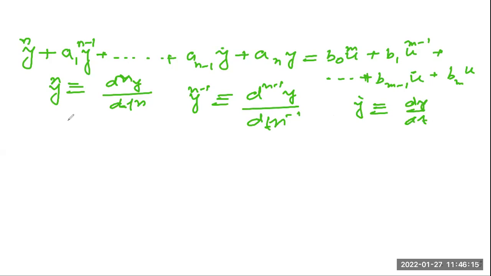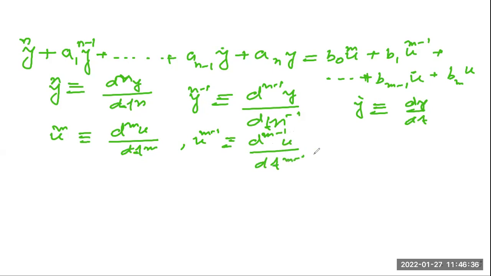Similarly, u^(m) is d^m u by dt^m, u^(m-1) is d^(m-1) u by dt^(m-1), and u dot is du by dt. So this is what is given in this equation. In short, it is represented with the help of dots.